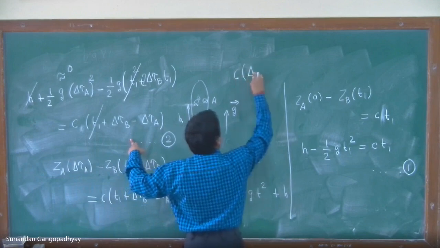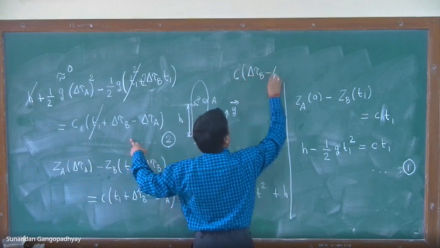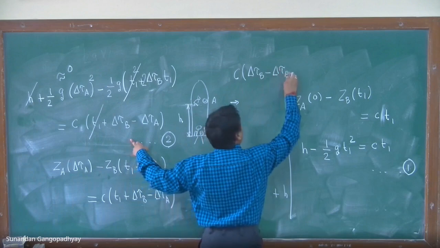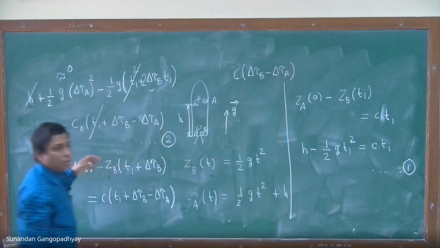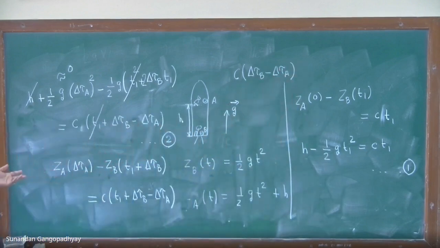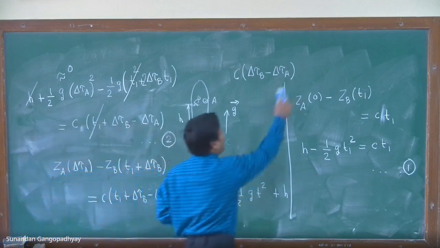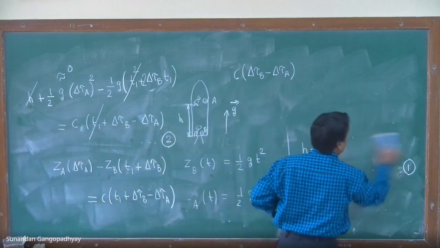c times (delta tau B minus delta tau A). So you can see that we have not used any calculus, nor any special theory of relativity, nothing. We are just using Newtonian mechanics, no integration, no differentiation. And you will get a very nice result from here.